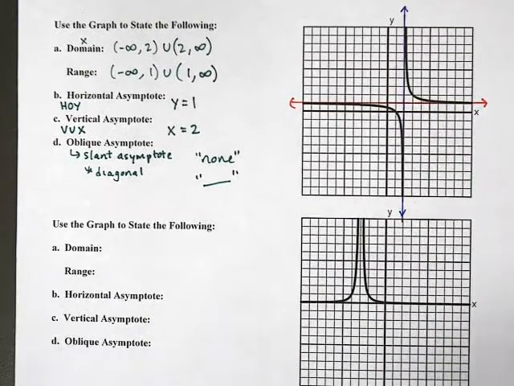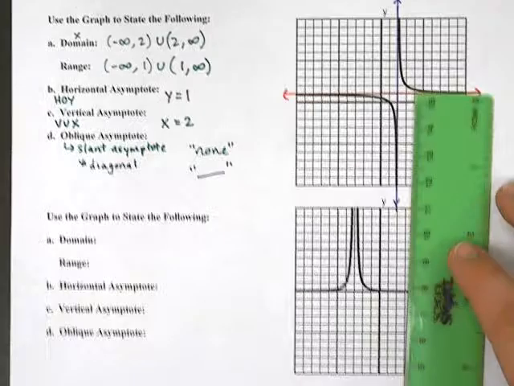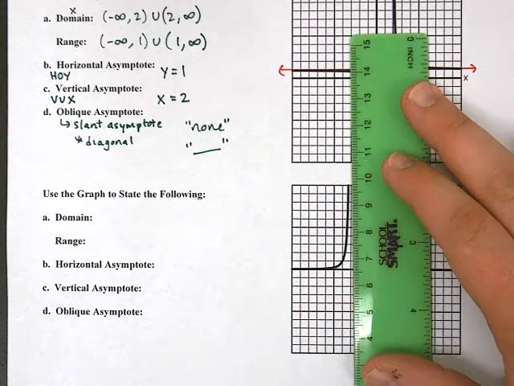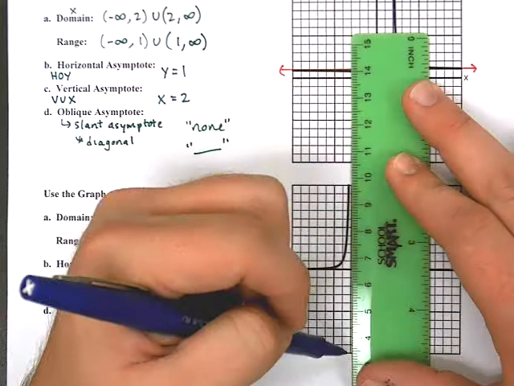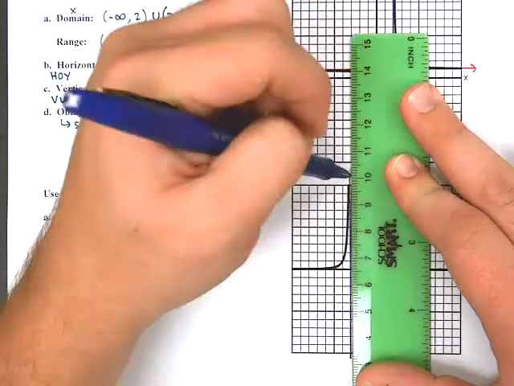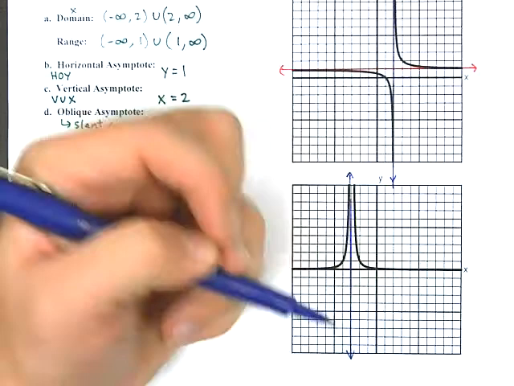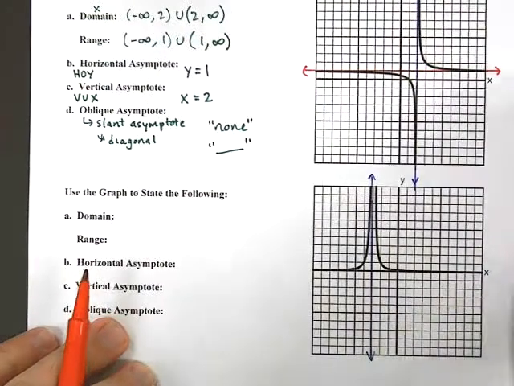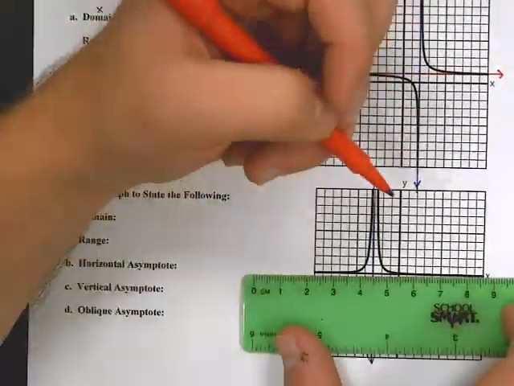All right? Now, as we move on to the next one, it looks as if I have a vertical asymptote right here. It looks like I have a horizontal asymptote right here.